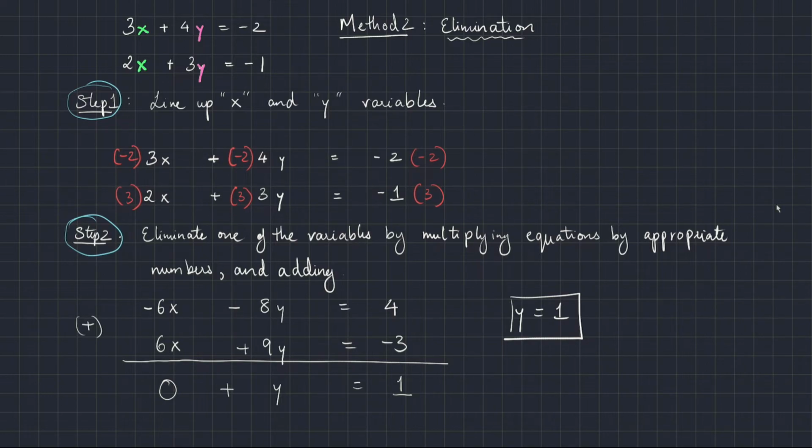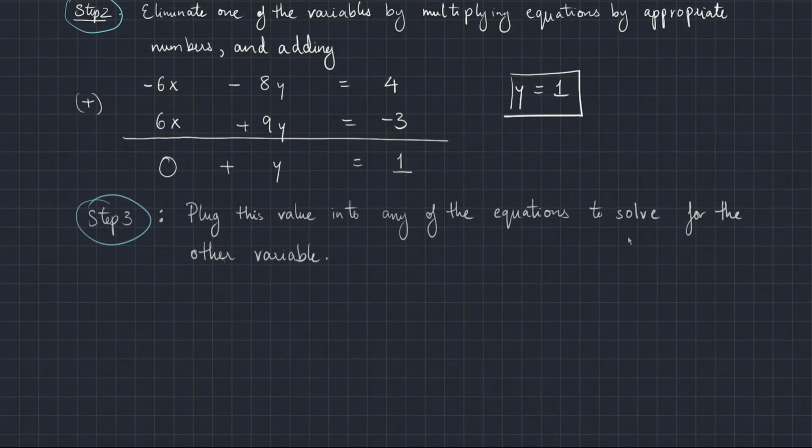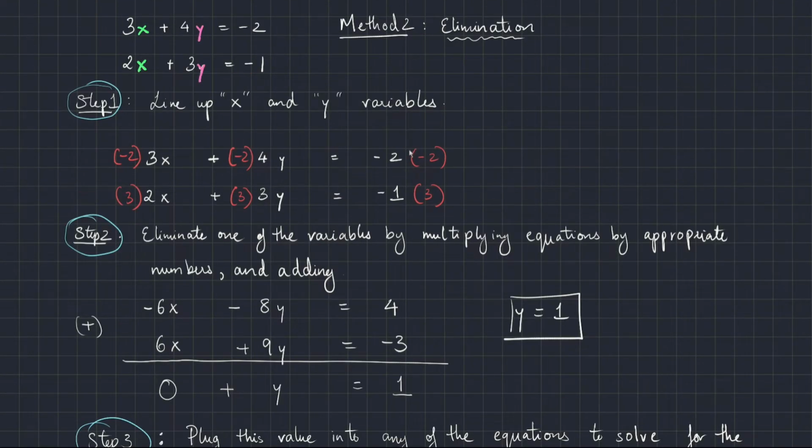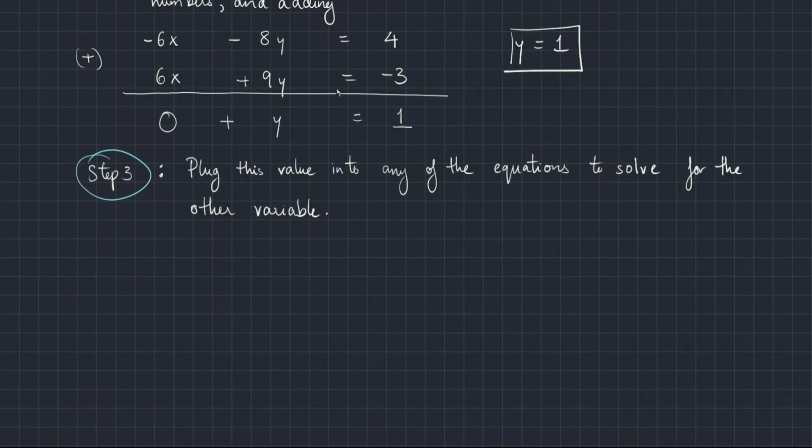Now, once you have one of the variables, you can always plug it into any one of the equations and find the other variable. So that brings us to step 3. Let's write that down. I'm going to pick the first equation, 3x plus 4y equals negative 2.